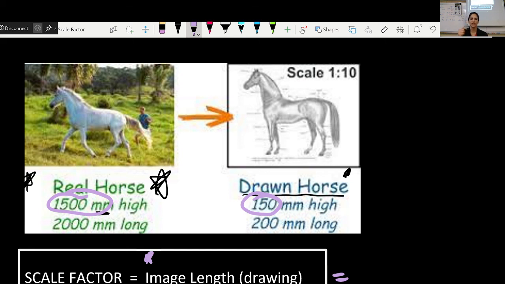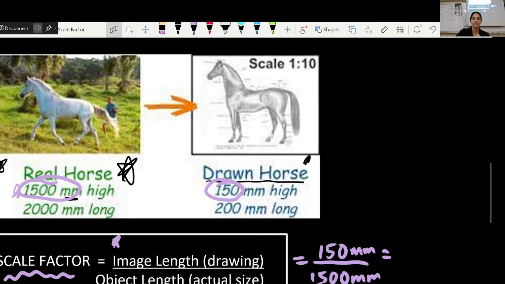So to get the scale factor, what value goes at the top here? The drawing, so that would be 150 millimeters, over the object or the actual size, so that's going to be 1500 millimeters. Do you see that we can cancel those out? The units would be gone because we're looking at scale factor, but what do we end up getting?